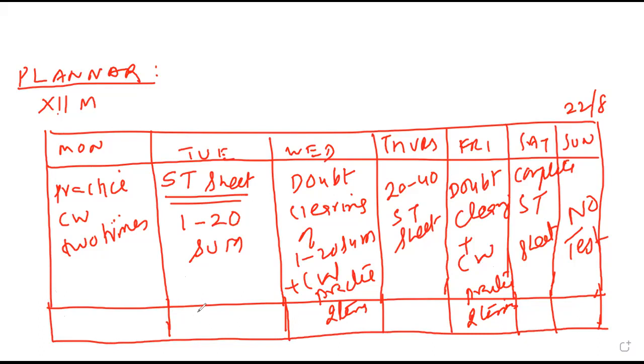Evening, 9 to 10 or 10 to 11? 10 to 11, it works. Extra class 10 to 11 p.m. Same way on Thursday, can I keep? Thursday also I can keep 10 to 11. Two extras this week. One is on Tuesday, other is on Thursday. 10 to 11 evening. Complete fast.